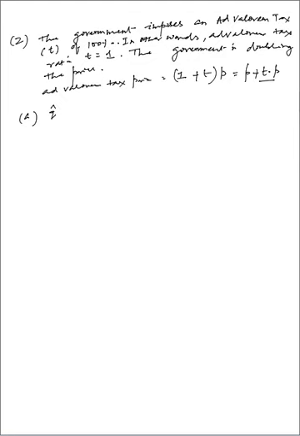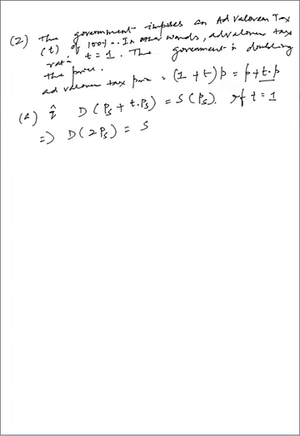D of PS plus T into PS is equal to my supply function if T equals to 1. So D of PS will be S of PS, because your price is 2 times now and because T is 1.